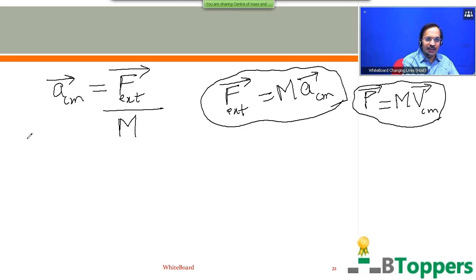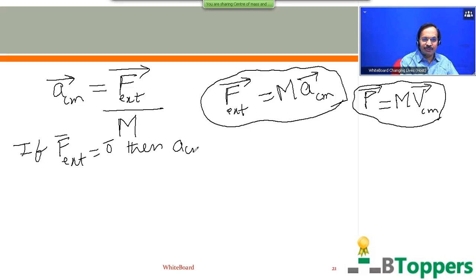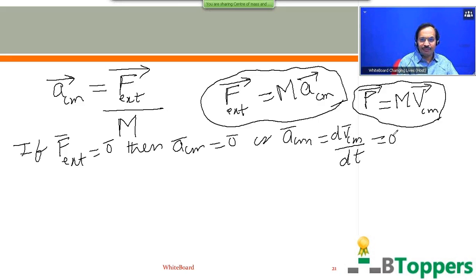Suppose the vector sum of all the external forces acting on all the particles of the system vanishes, that is, becomes 0. Then the acceleration of the center of mass of the system is 0. The acceleration of the center of mass is the time rate of change of the velocity of the center of mass. So the acceleration will be 0 only when the velocity of the center of mass of the system remains constant.